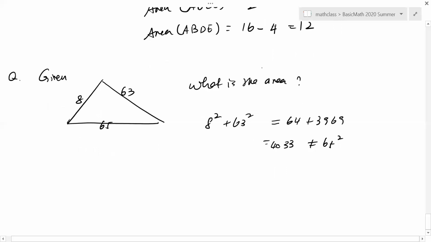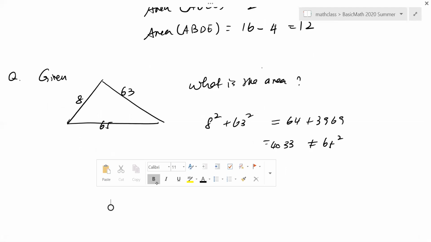Then you say, I'm stuck here. We don't know how to find the area, right? If I change 8 to another number, maybe.